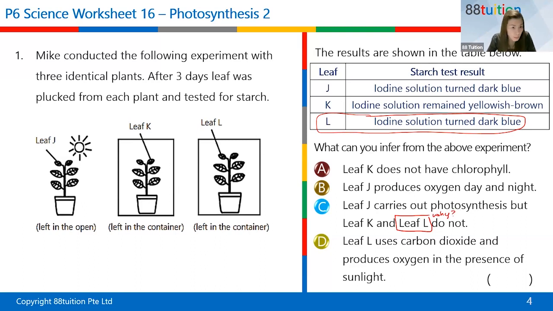Ian and Nabil, this is what I'll be doing because I want to direct your attention to the results there. And for Sean, you're saying that leaf K does not have chlorophyll. If you want to talk about this, then you must give me proof that all of them actually receive sunlight. There's no information about whether the container is opaque or transparent.